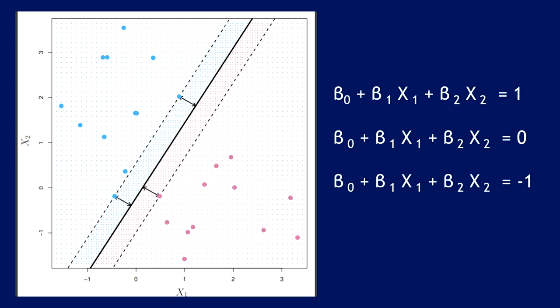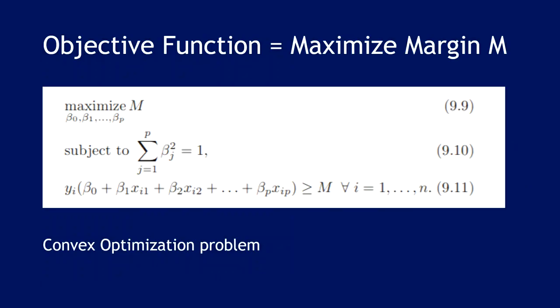The hyperplanes, or in this particular case the lines, are just 2-dimensional hyperplanes, and can be represented as these 3 linear equations. And using these equations, we can represent the problem as a convex optimization problem with the objective function to maximize the margin M, the value that is the size of the margins.